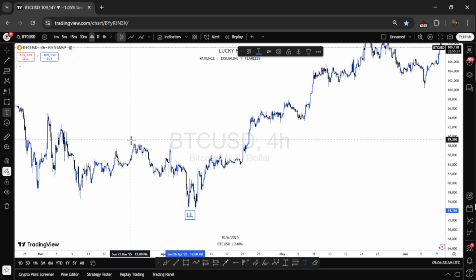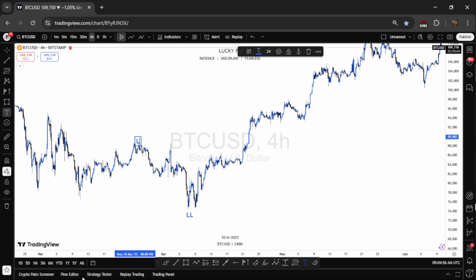Okay, so this was the last lower low that price created, and this over here was a lower high, right?